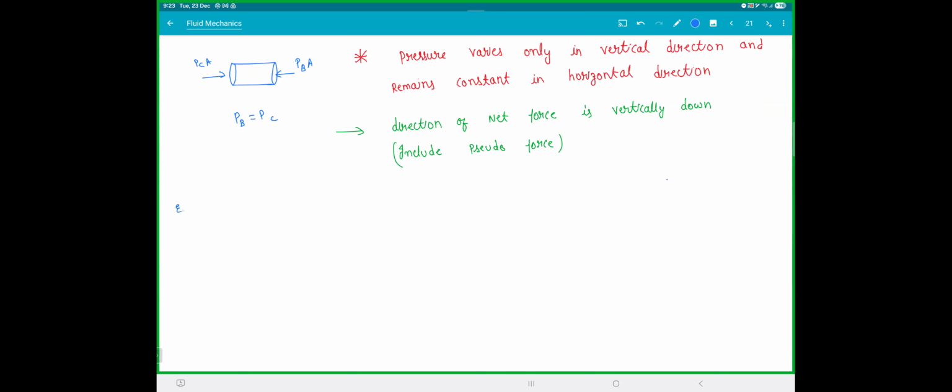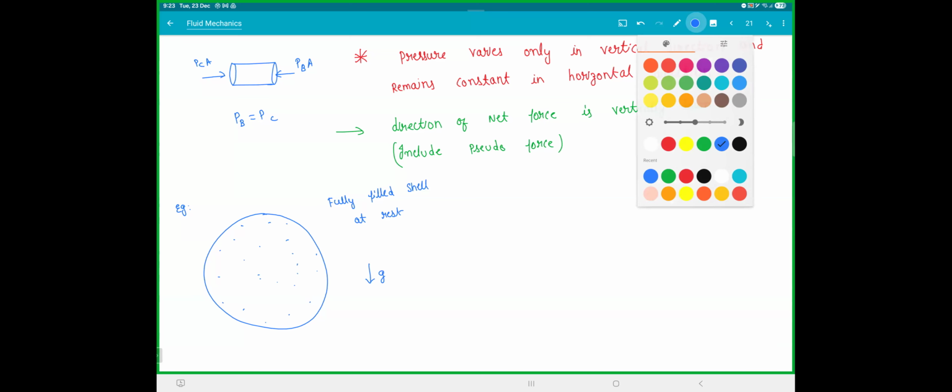See the example. Let's say we have a container fully filled with liquid. This is a fully filled shell at rest. Now the only force acting here is gravity. So what is down?